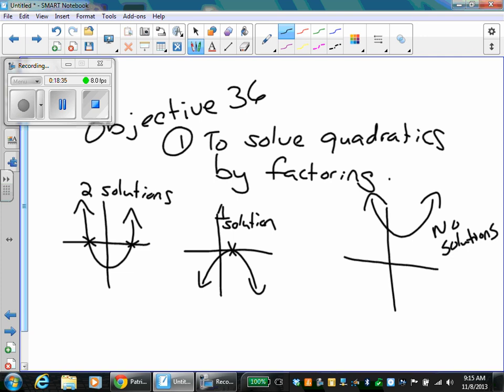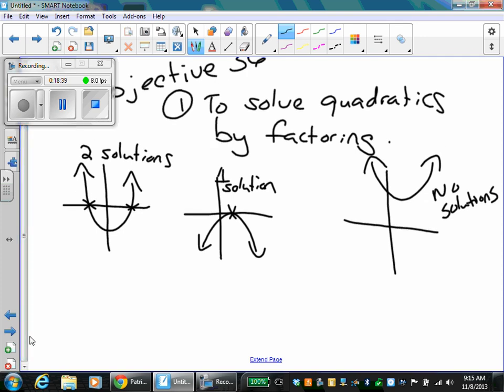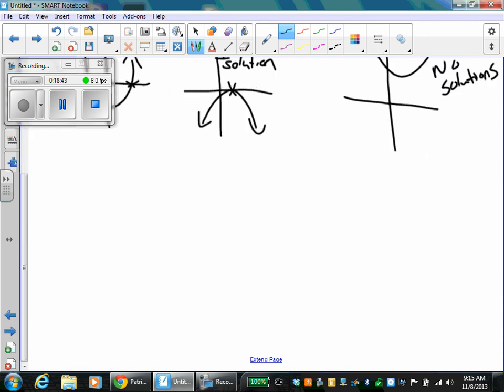So that's what you're looking for. What I'm going to show you today is how to solve these by factoring. As long as it's equal to 0, you can try to factor it. Now, what if it's not factorable?